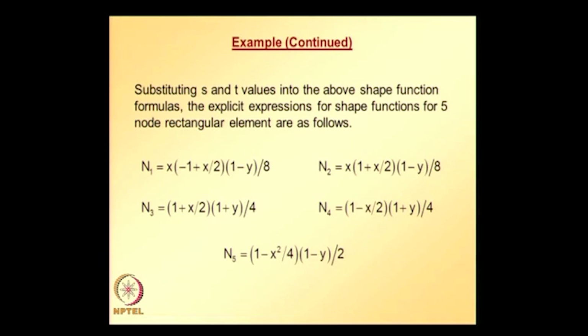And we can also plot this if one wants to visualize how these shape functions look when they are plotted with respect to x and y, x going from -2 to 2, y going from -1 to 1.